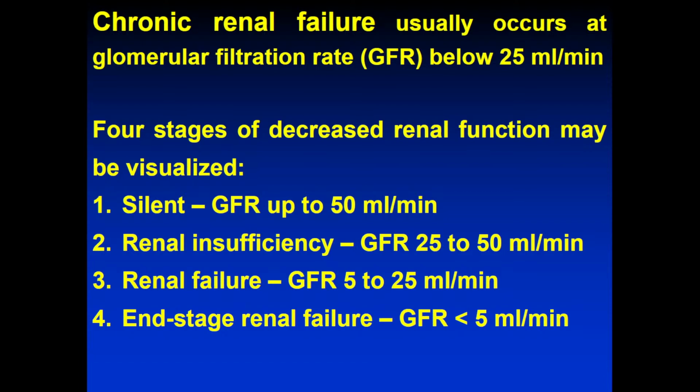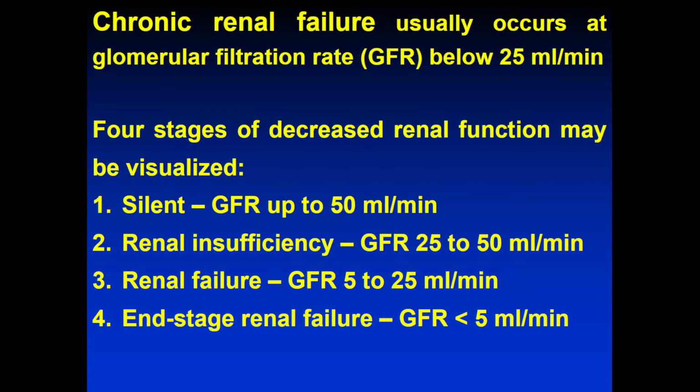So we can distinguish 4 stages of decreased renal function. These are, first, silent, when the GFR is up to 50 milliliters per minute. Renal insufficiency if the glomerular filtration rate is in the range between 25 to 50 milliliters per minute.